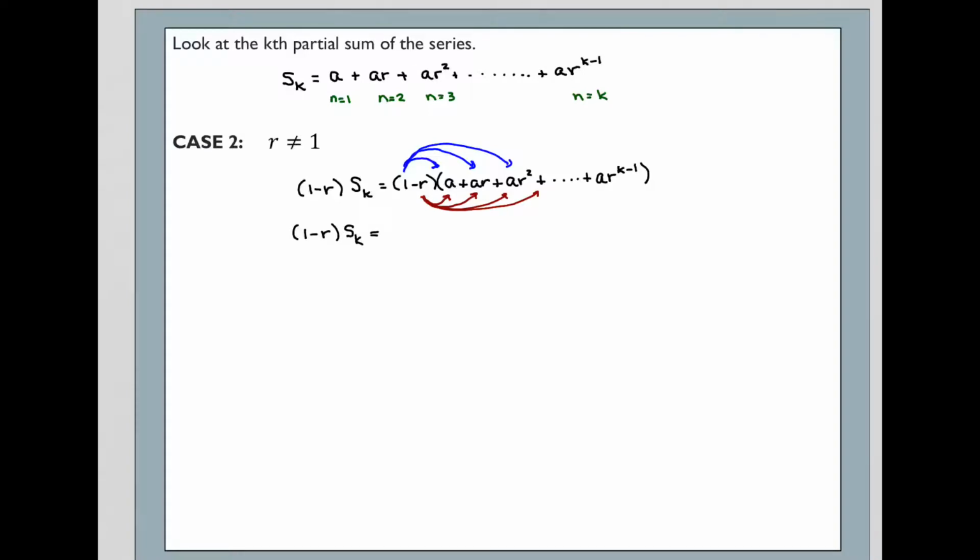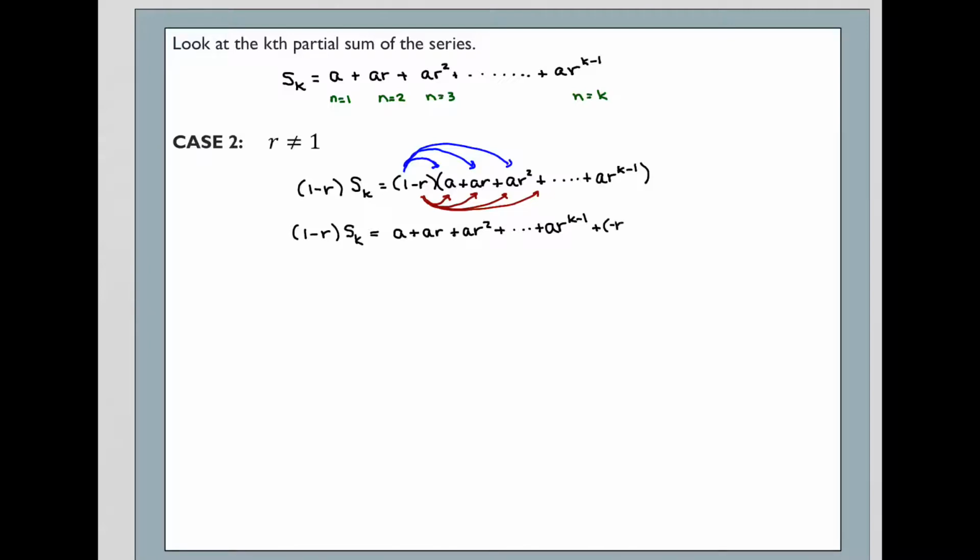We're going to get a plus ar, plus ar squared. When I take 1 times a, 1 times ar, 1 times ar squared, I'm going to keep going, and I'm going to get ar to the k minus 1. So that's the first part. But then I'm going to add to it those second distributions when I have the negative r times a.